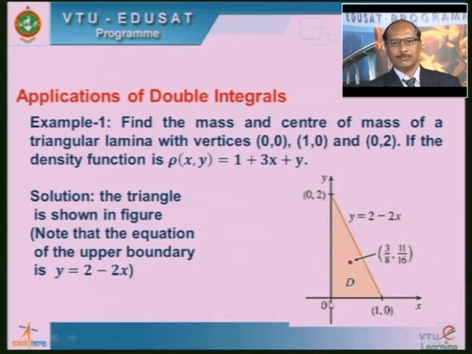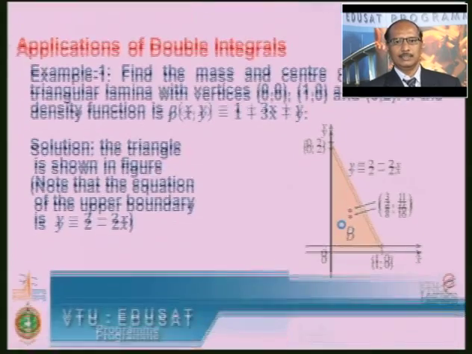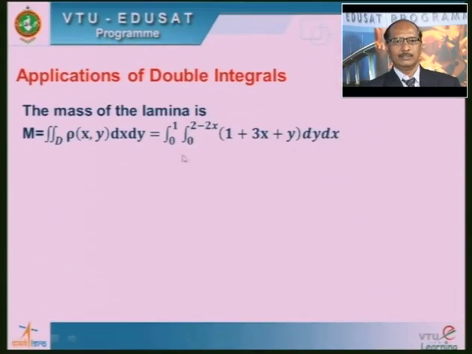The lower limit of y is y equal to 0, that is the x axis, and we move along the y direction to reach the straight line y equal to 2 minus 2x. They are the limits of x and y. So, x from 0 to 1, y from 0 to 2 minus 2x, and rho(x,y) is 1 plus 3x plus y, dy dx.